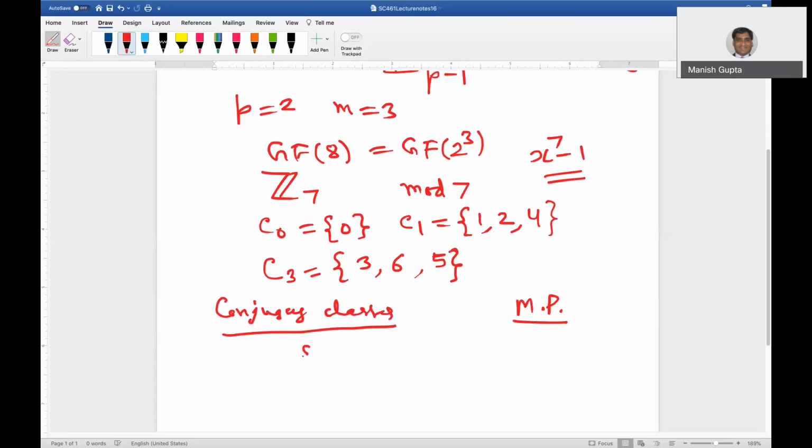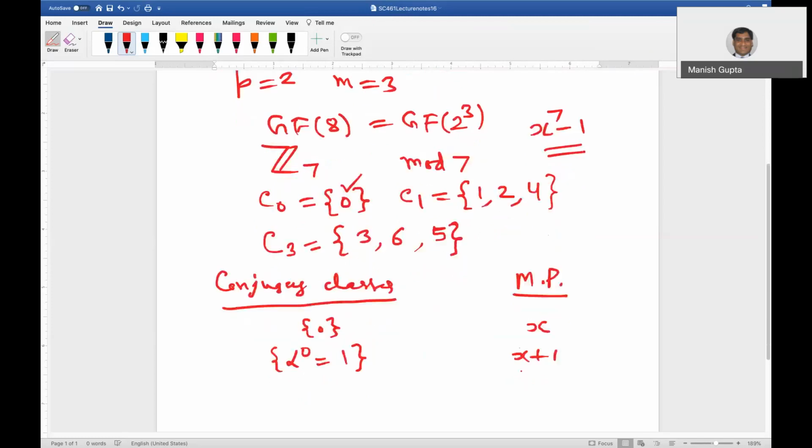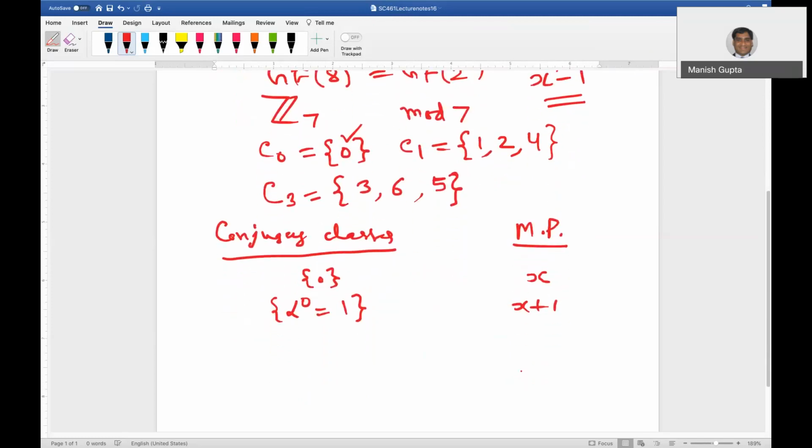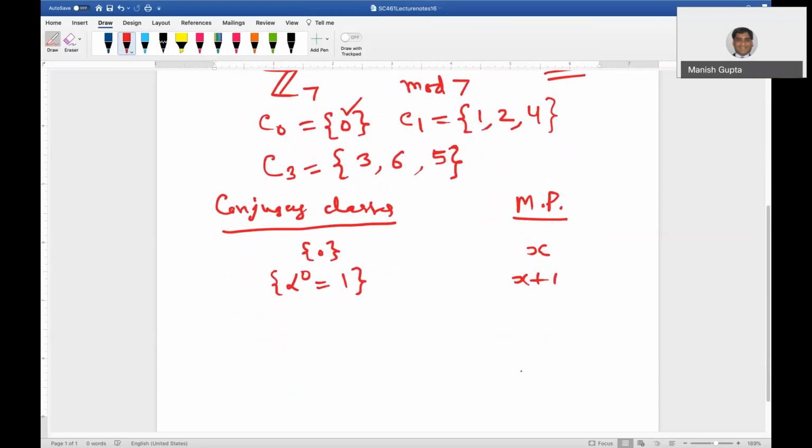When we take 0, we get minimal polynomial x. When we take alpha raised to power 0, which is nothing but 1, the minimal polynomial is x plus 1, that is x plus alpha^0, which is 1. Next, we know the cyclotomic coset is 1, 2, 4.